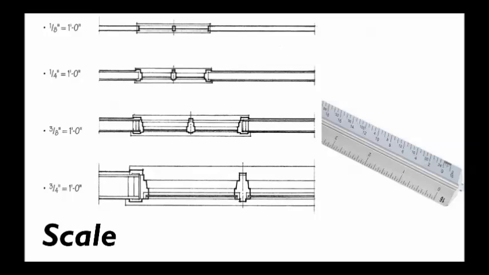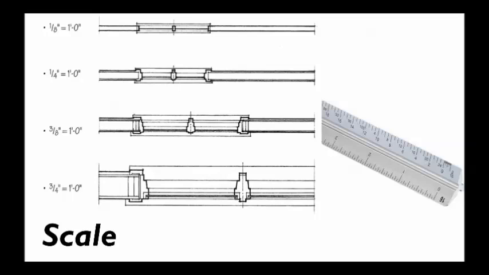I'm probably going to do a scaled down version of that building. And so if I have a 1/8 inch scale drawing, it means that for every foot in reality on the building, I'm going to represent each one of those feet with 1/8 of an inch.